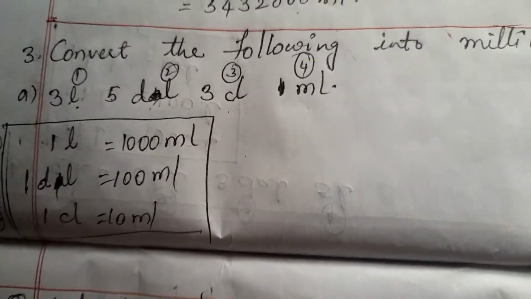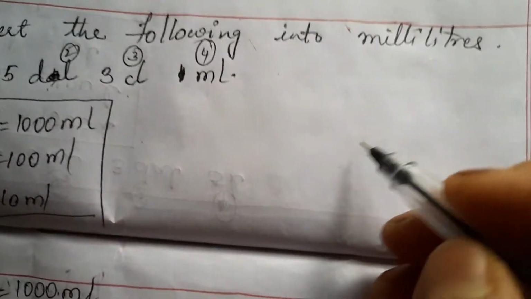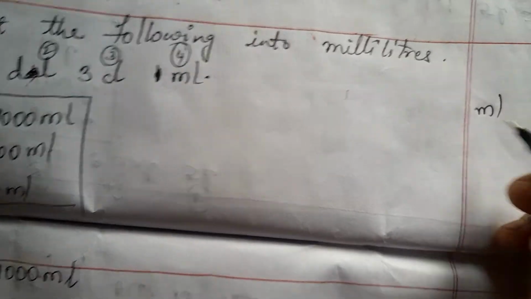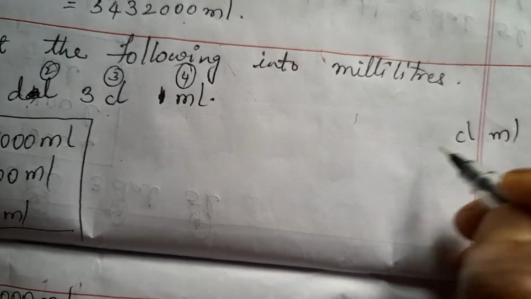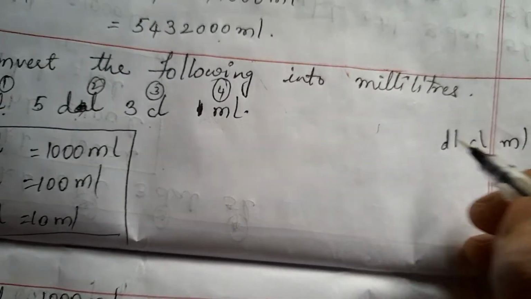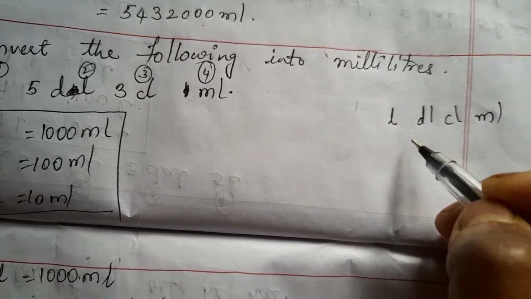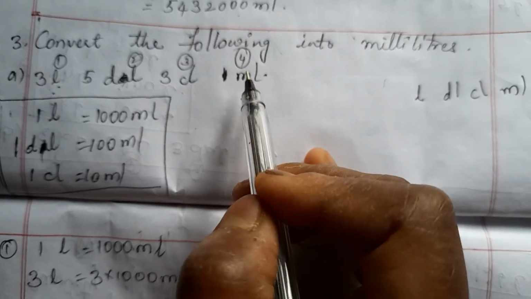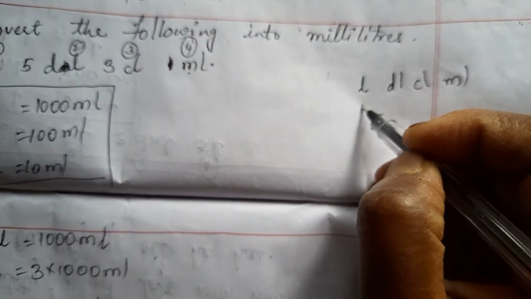Now let us convert them. Okay, so we have ML, CL, DL and L. Okay, so from L to ml. From L to ml.